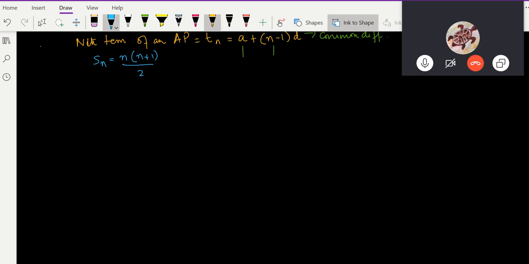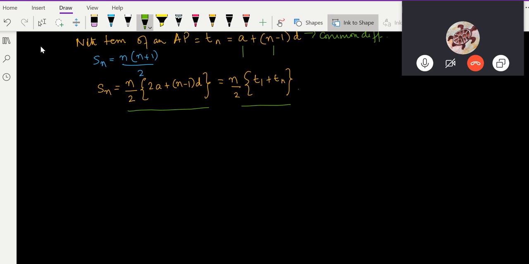Then we saw that the sum of the first n terms of any arithmetic progression is n by 2 into 2a plus n minus 1 into d. And this can also be written as n by 2 into T1 plus Tn. Now tell me, why did I do all of this? Why did I do these two things? This one and this one.